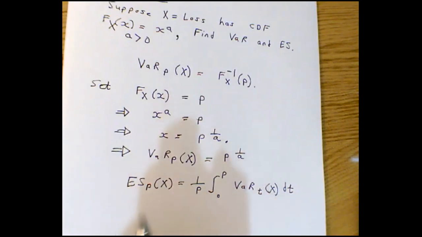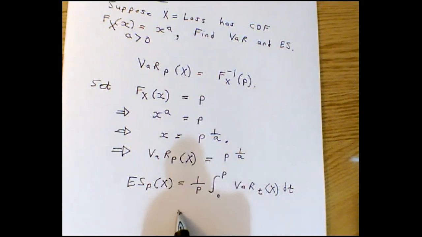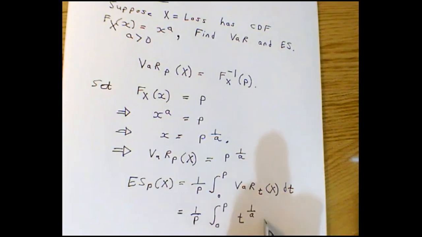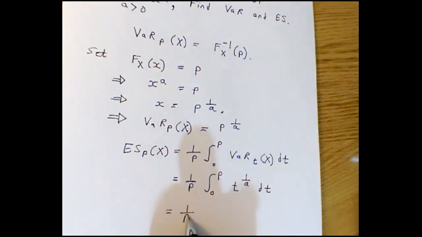Now we know what VaR is, so all you have to do is just sub it in here. So this is 1 over p times the integral from 0 to p of t raised to the power 1 over a dt. Now, integrating this, you get this.